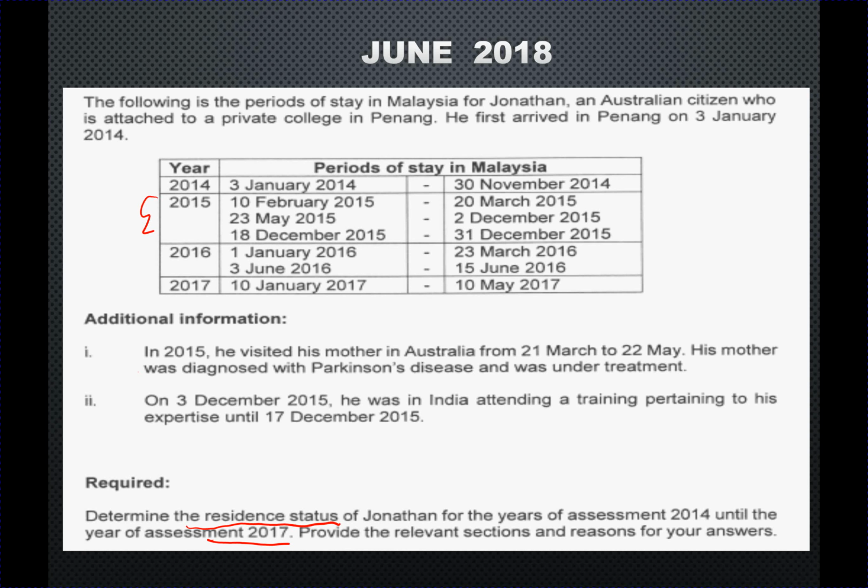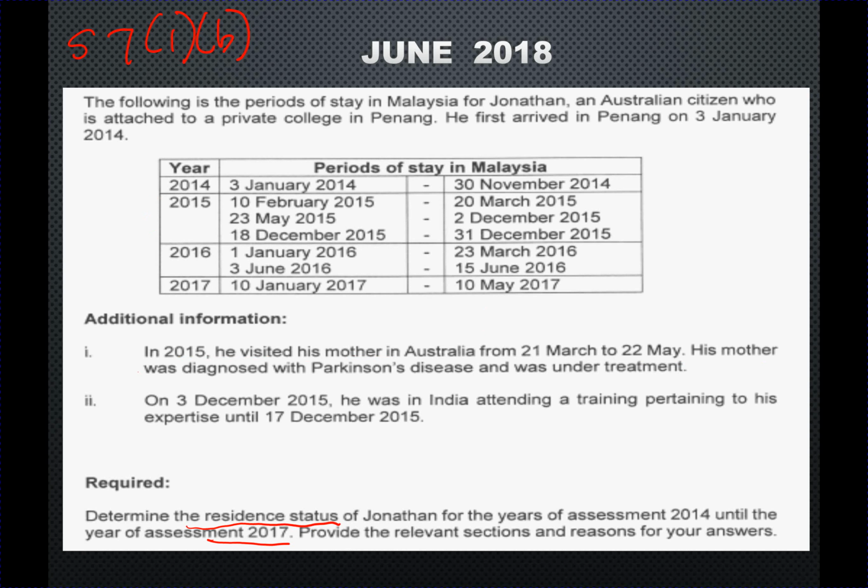Untuk yang ini kita tengok 2015 dia masuk dalam Malaysia 10 Februari. 10 Februari dia duduk tapi dia ada ni dia visit mak dia apa semua. Okey, jadi yang ni dia masuk section lain. Ini masuk section 71B. Saya akan masuk dalam saya punya next video untuk section 71B.